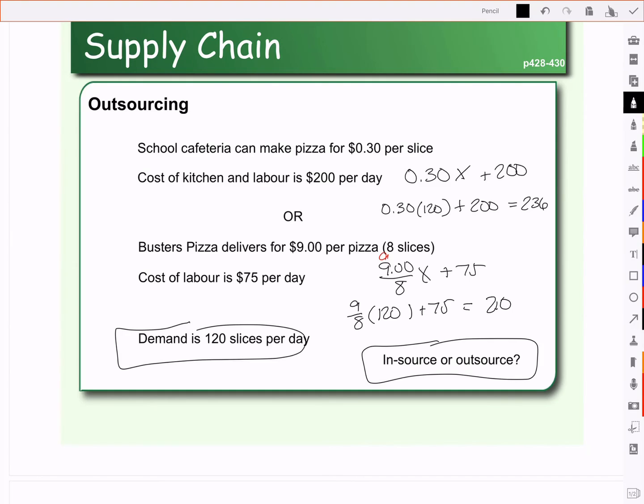So should we make the pizza ourselves or should we outsource it? Well, it's cheaper to outsource it to Buster's Pizza, so we would go with that. When you are deciding whether or not to outsource, you'll notice that this cost analysis is very dependent on forecasted demand. So it's very important that you have a good forecast to be able to make the appropriate decision.